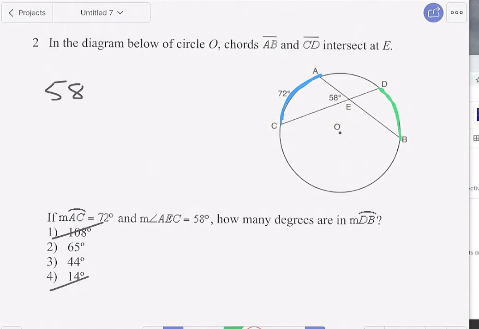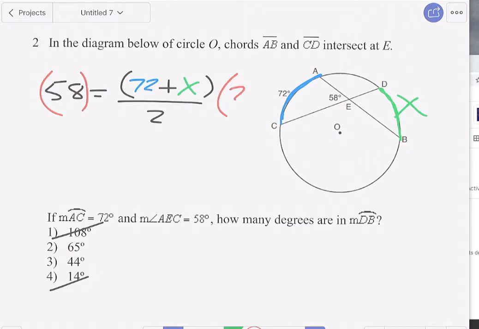So we know that the 58 degrees is equal to the average of the blue arc and the green arc. So we're going to write 72 degrees plus that missing green arc, which I'm going to call x, all divided by 2. Now I've got a formula to solve. I've got to find a way to get rid of dividing by 2 in my equation.